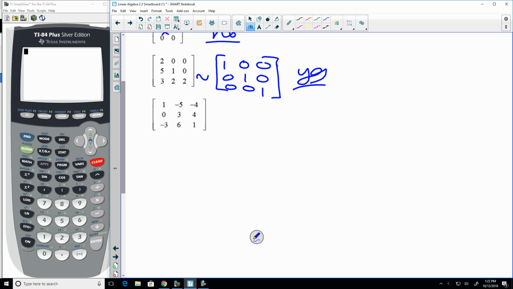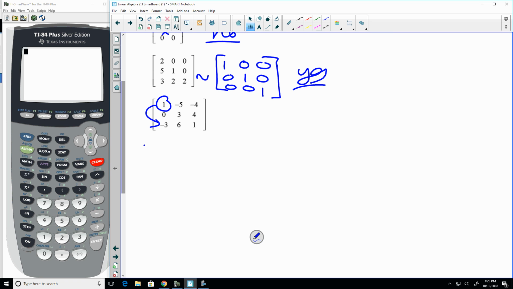What about the last one? So I don't know by looking at it. So let's try row reduction. So let's take that 1 and make that a 0.